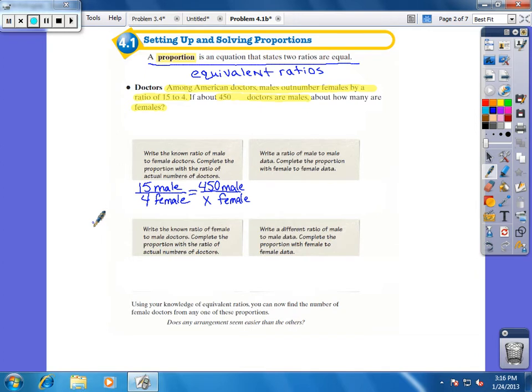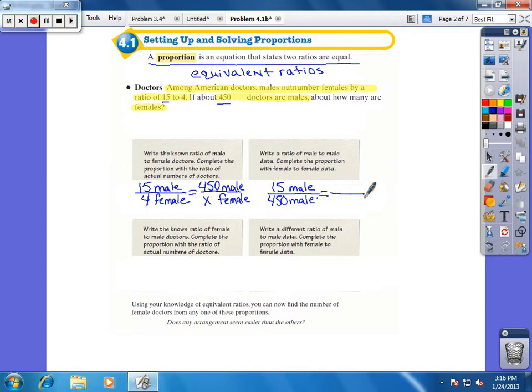You can write the ratio comparing the male to male. So we have 15 male to 450 male doctors. That's given to us right here.